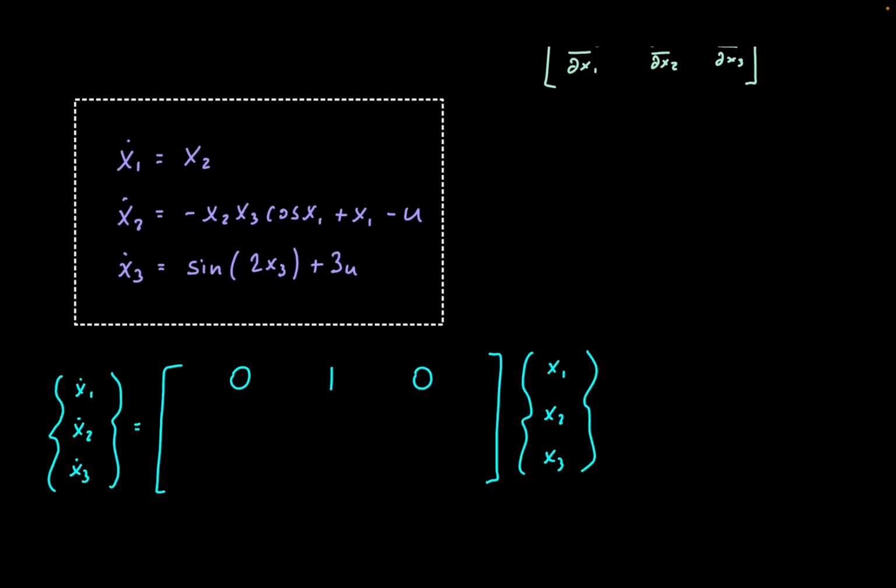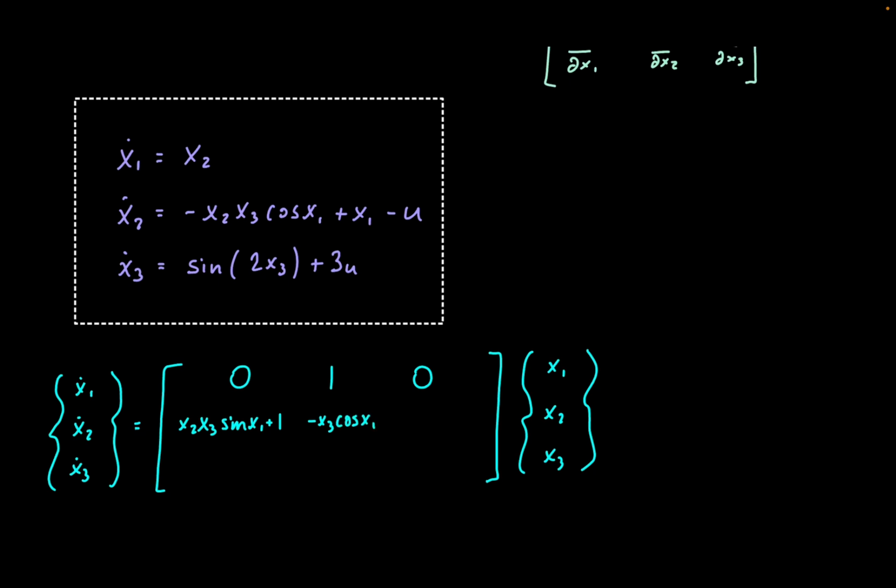And now we'll take the partial derivative of x2 dot with respect to x1, x2, and x3. From there, we end up getting x2 x3 sine of x1 plus 1, and then we'll have minus x3 cosine of x1, and then minus x2 cosine of x1.